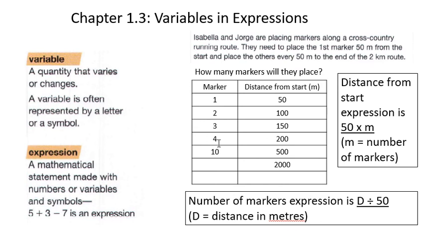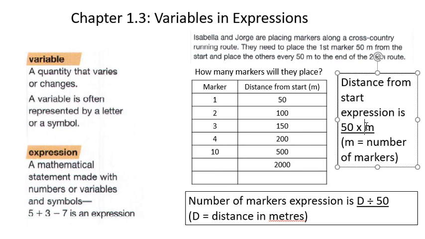We know that they have to go from starting at the 50-meter mark and the 100-meter mark and the 150-meter mark. How many flags are going to have to place? So we can use either one here. We can say 50 times the number of flags that we place equals 2,000. That's one expression we can use.